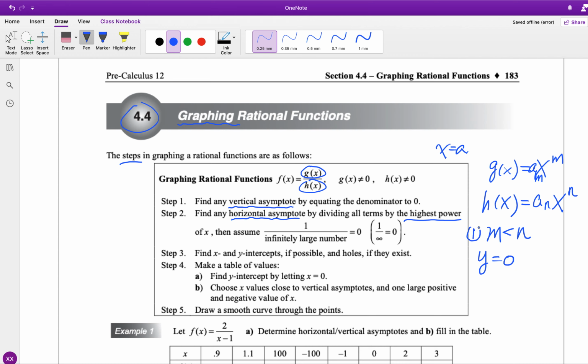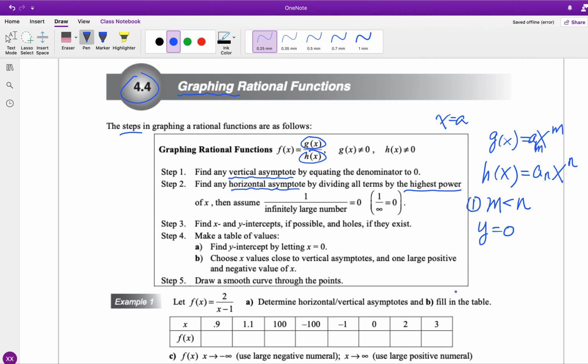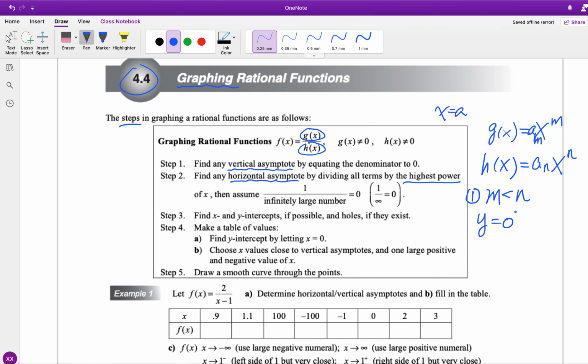That's the first one. If you use dividing by the highest power, you will get this, right? Last video we proved how that happened. Next, if m and n are the same power, then your asymptote will be the leading coefficient ratio, a_m over a_n.